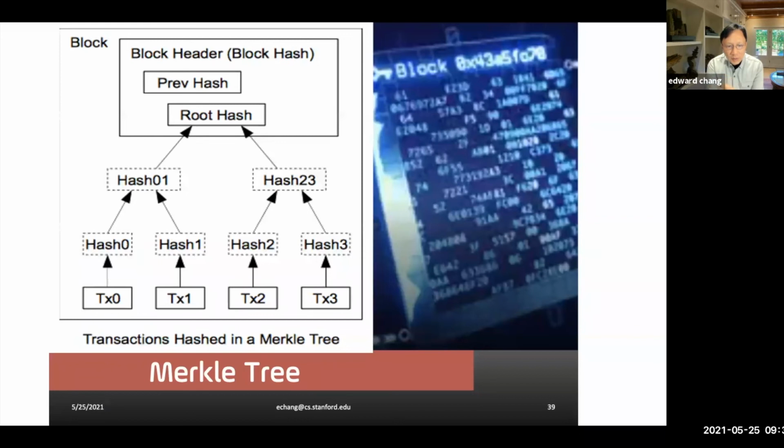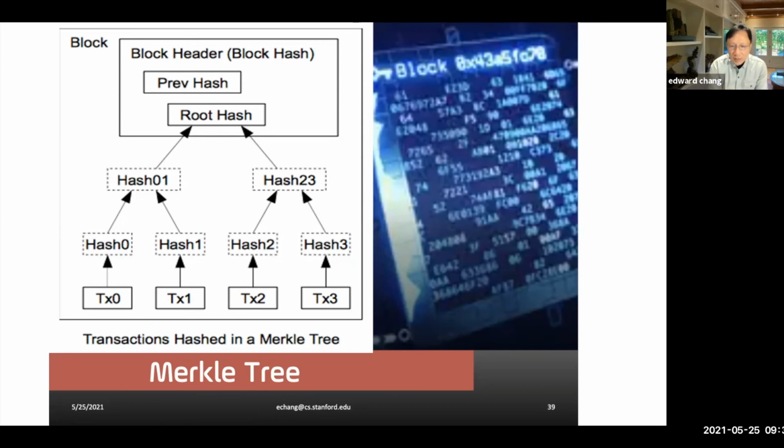So this is one example of a single block of the chain, and the transactions are organized into a Merkle tree. The characteristic of a Merkle tree is that if you change one of the leaves, then the hash values in the Merkle tree will be modified. So why do we call this indelible?